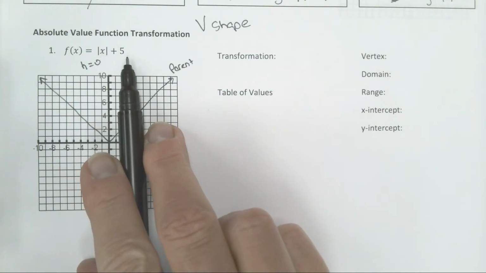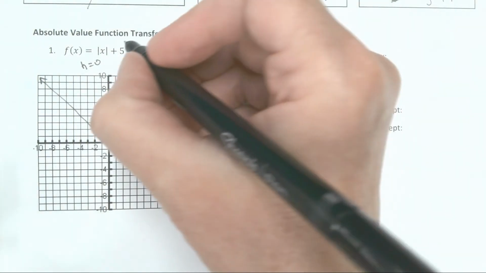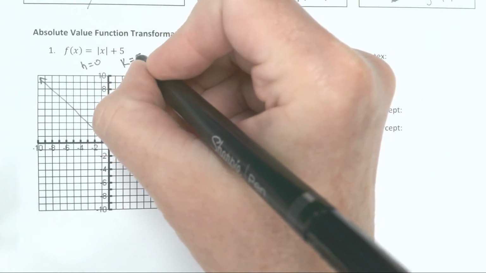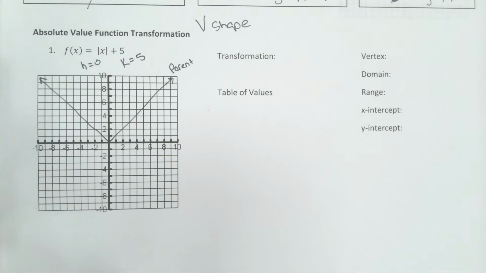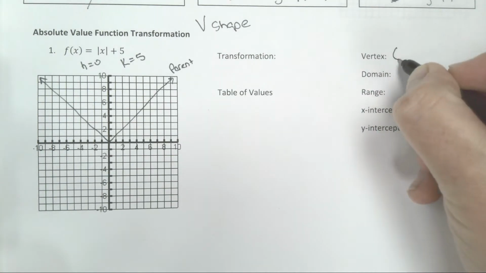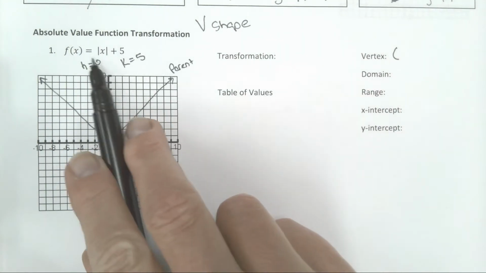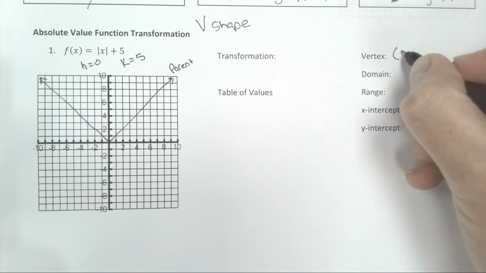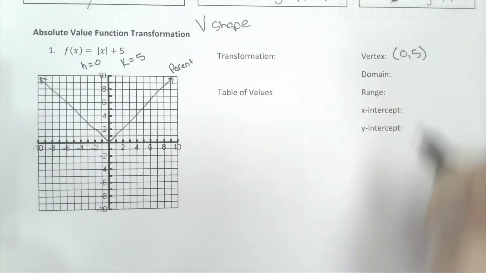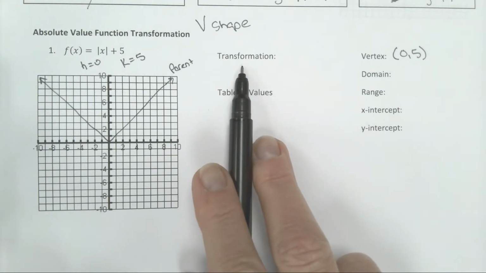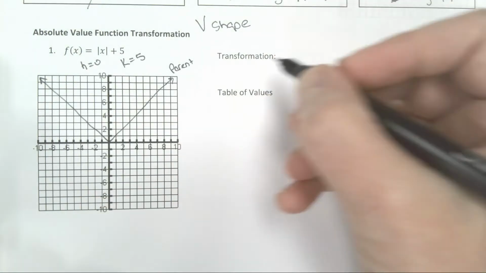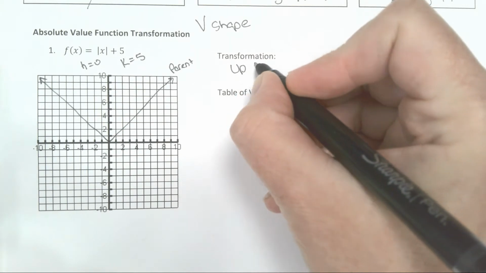But we have a plus 5 at the end. That is your k value. So k equals 5. So I can tell from right here looking at it that my vertex is located at 0, 5. And if I were to describe my transformations, this function went up 5 units.